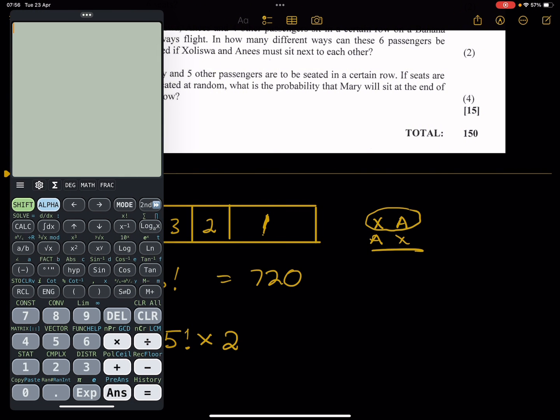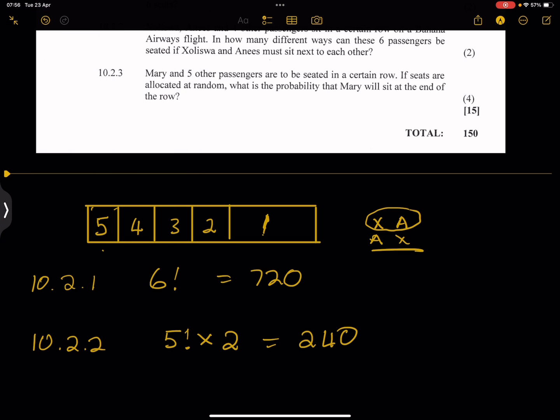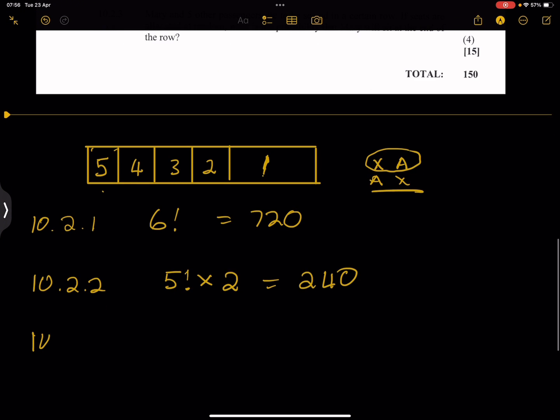Okay, so let's take that. That's 5 factorial, and multiply that by 2, and I get 240 different combinations there. So that is how we will do that.